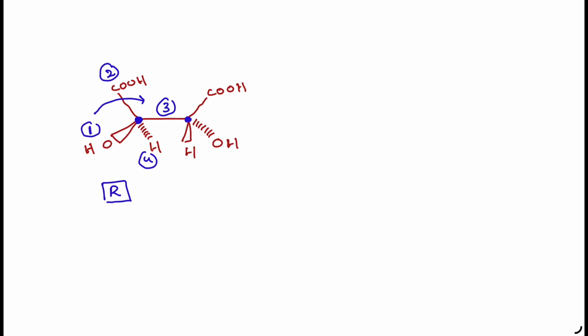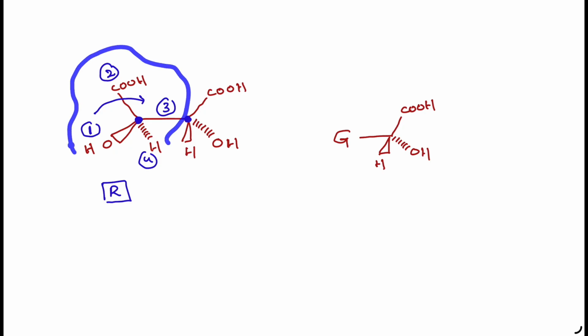Now this is the other chiral carbon, we have to predict the configuration. For the sake of convenience, this is COOH, this is OH, and this is hydrogen, and this is a bulky group, in the sense this entire group.